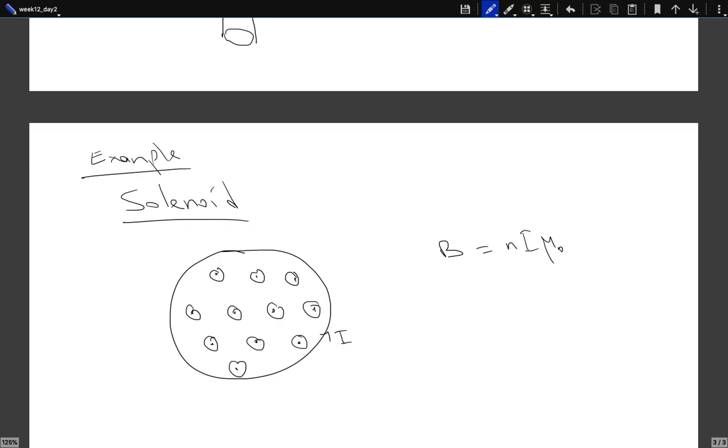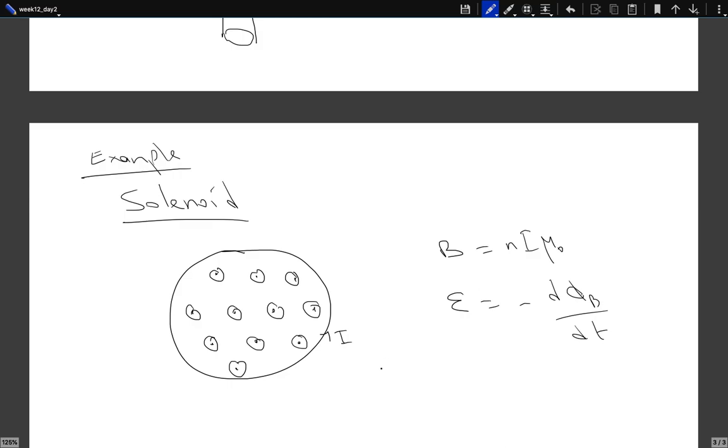So let's say that you change the current. But changing the current means that you are creating an EMF. Well, in this problem, there's no loop, there's no wire that will carry the current, but still, by changing B you can create the EMF even if you are not moving any charges around.